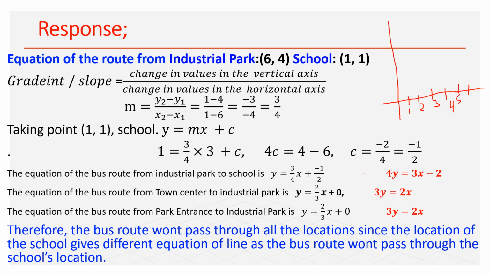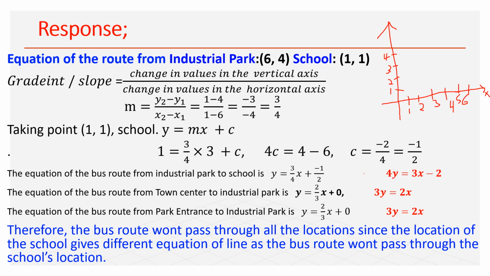This is my 6. So this is my x-axis. Then for the y-axis, the biggest value is what? Is it 4? This is 1. This is 2. This is 3. This is 4.